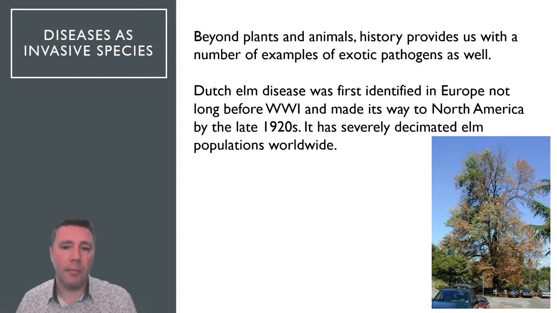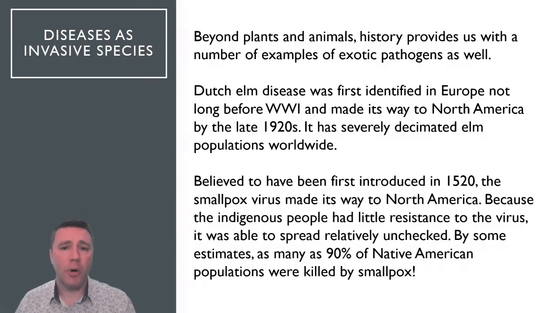The second example that I want to use is a disease that affects humans. It's believed that smallpox made its way to North America for the first time in 1520. Because the indigenous people of North America had very little resistance to the smallpox virus, their population was decimated by its infection rate.